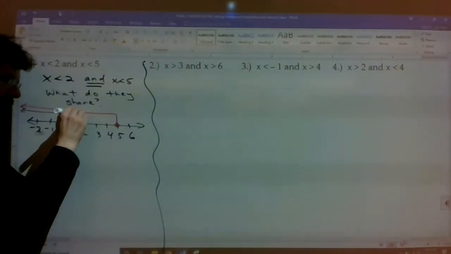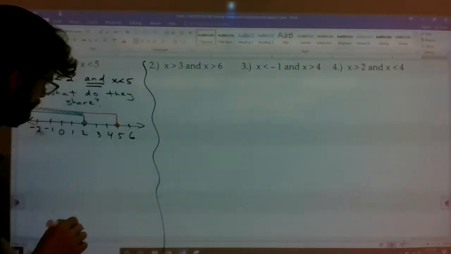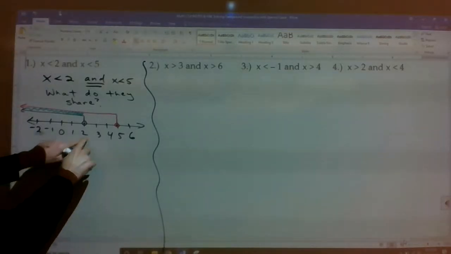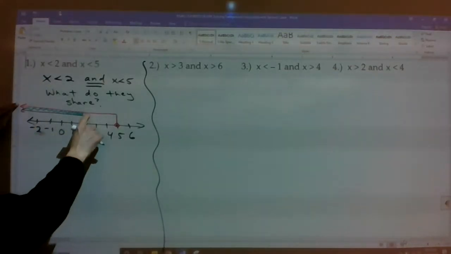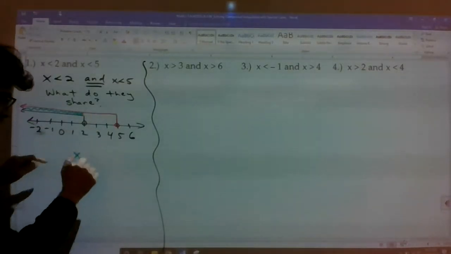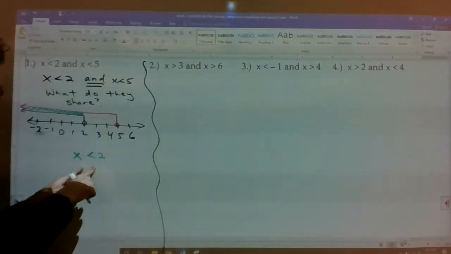This is the spot where they both share. So here's what you do. You say, everything left of 2 is the solution. So, X is less than 2 is the solution set to that.